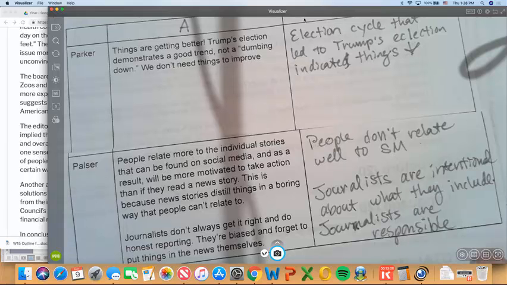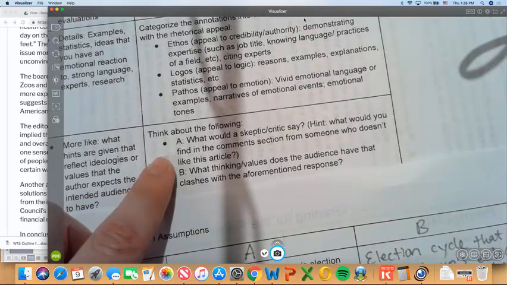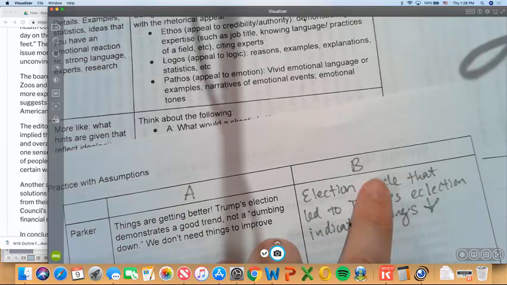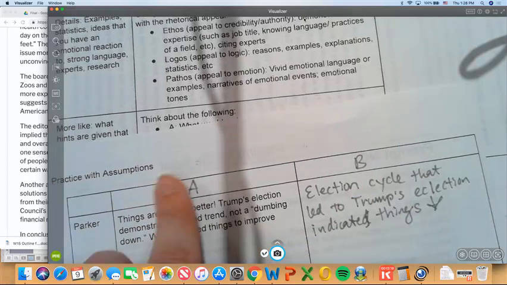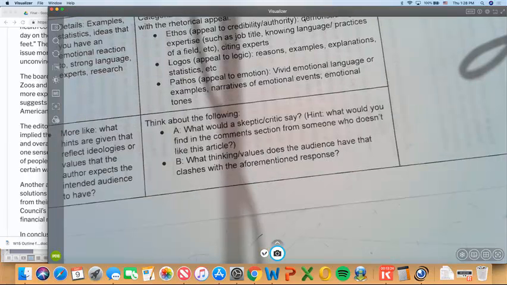So we've got these two parts, A and B, which I've labeled here. What are we focusing on? Are we focusing on A or B? B. Yeah, so that's going to be the most important part of your assumption paragraphs.